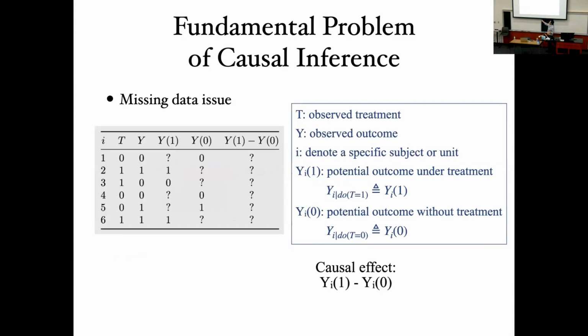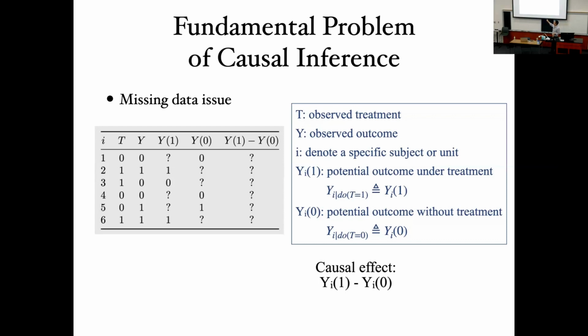So you can see this is basically a missing value problem. For the first subject, I have a value if the treatment is 0, but I don't have the value for Y if the treatment is 1. So we have a lot of missing values. The problem is, given so many missing values, how can we estimate this causal effect?